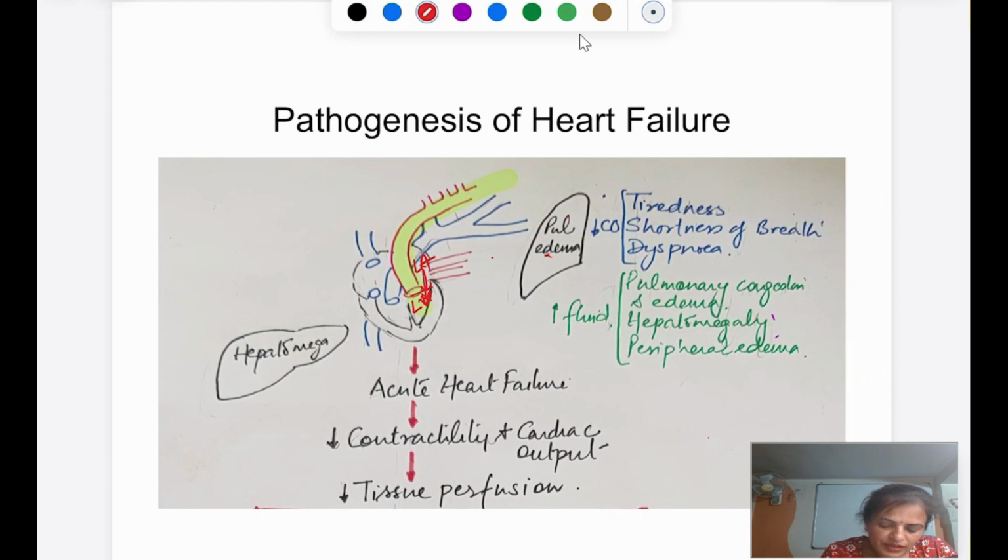Then where will it go? If it is not receiving from the left atrium, where will it go? It will not be able to receive the blood from the pulmonary veins.